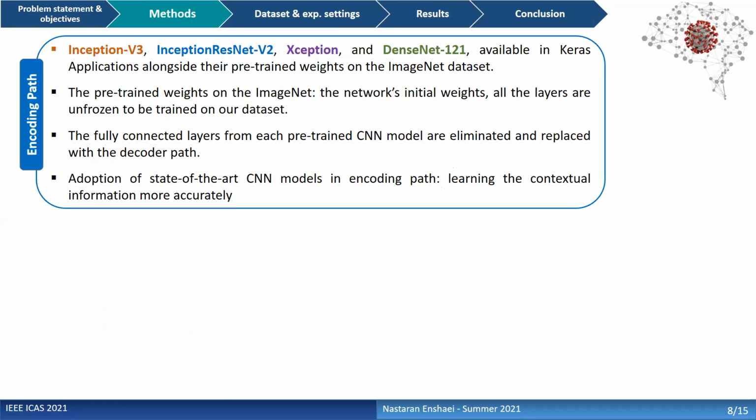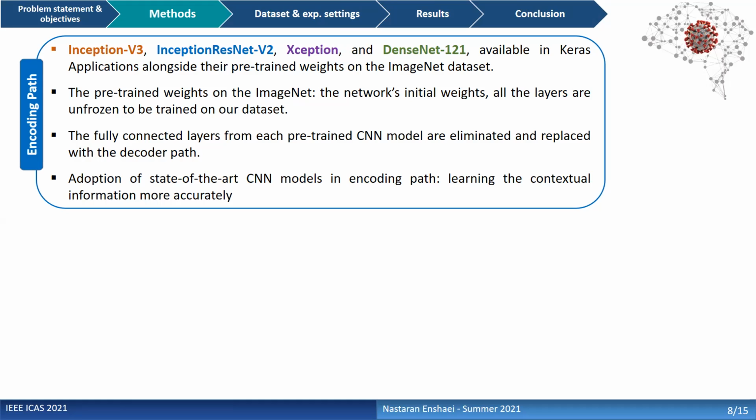Three of these CNN models are modified variants of Inception networks, and one of them is based on a densely connected network. The pre-trained weights on ImageNet are used as the initial weights of the encoder, meaning that we keep the layers unfrozen and let them be trained on our data sets.